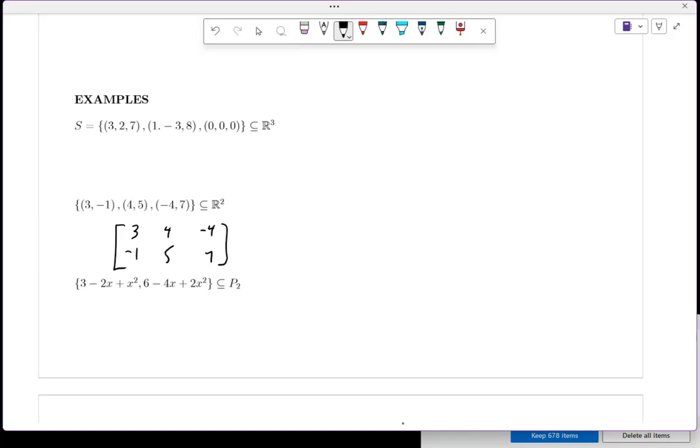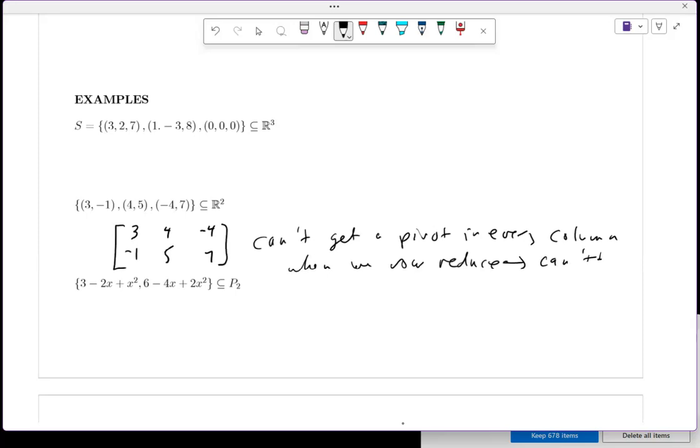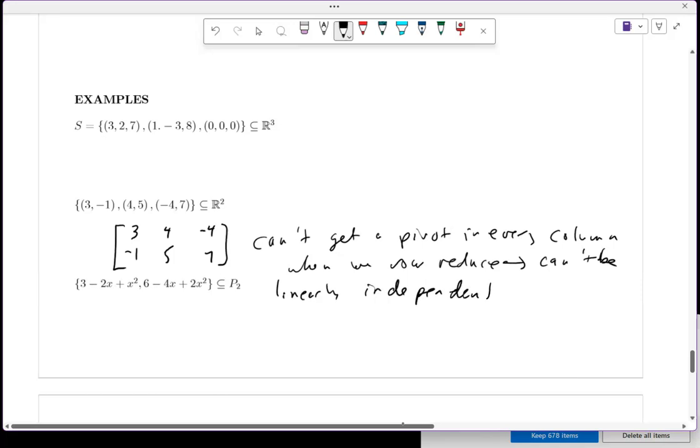No, I don't have enough rows to do that, right? So we can't get a pivot in every column when we row reduce. So it can't be linearly independent. Could it still span? Yes. If I know I have too many columns, it can't be linearly independent, but it could span.